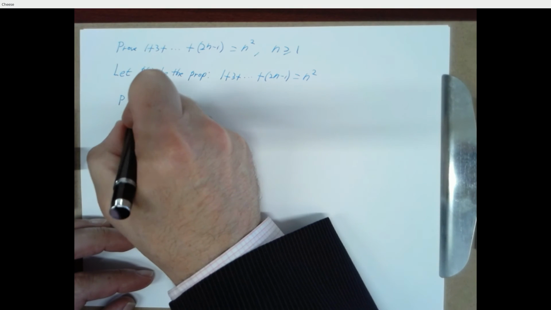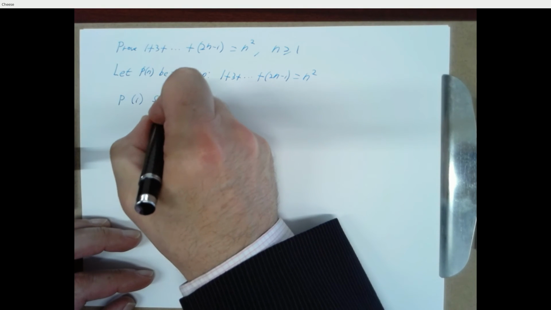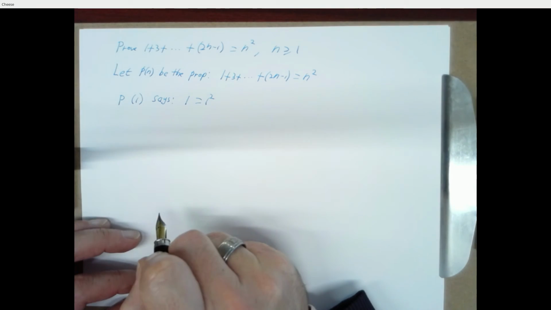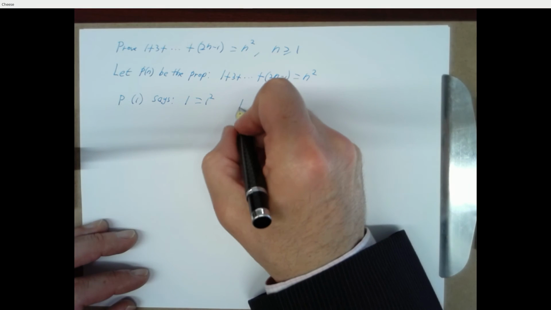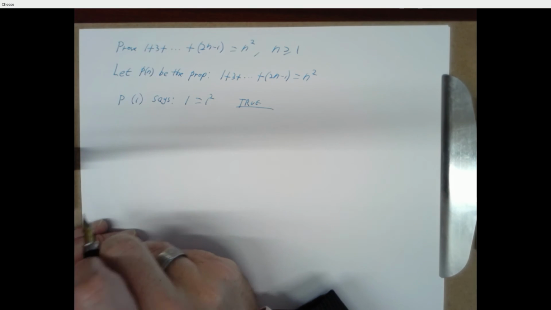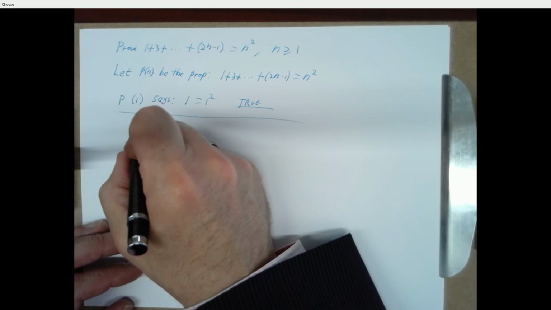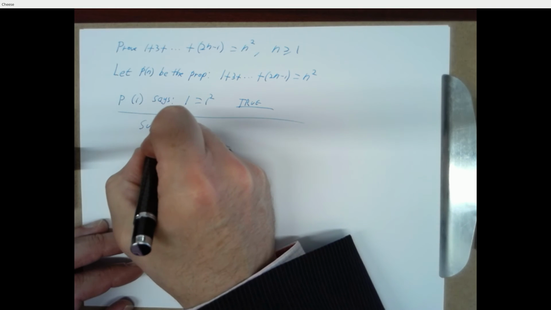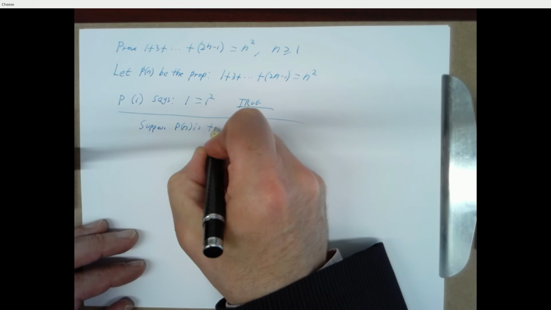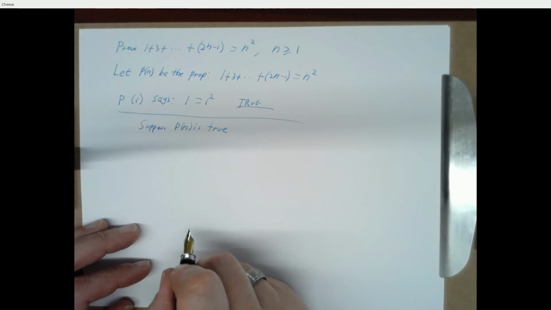So P(1) says 1 equals 1 squared. And that's true. There's the base case. So suppose P(n) is true.